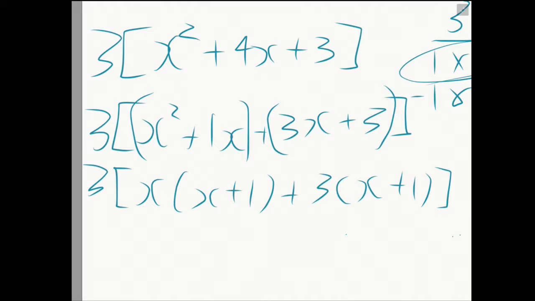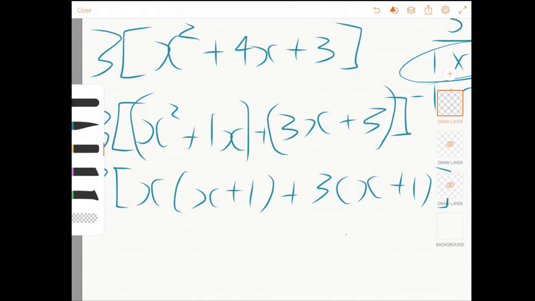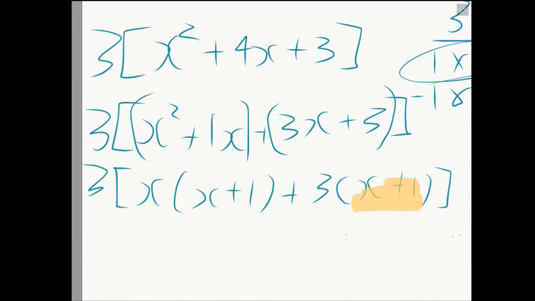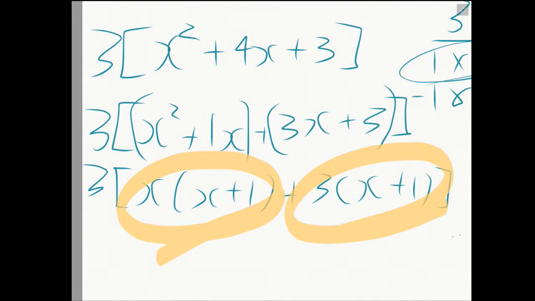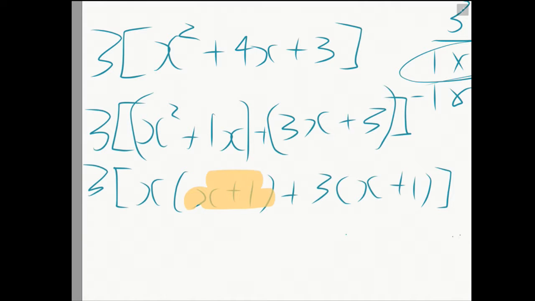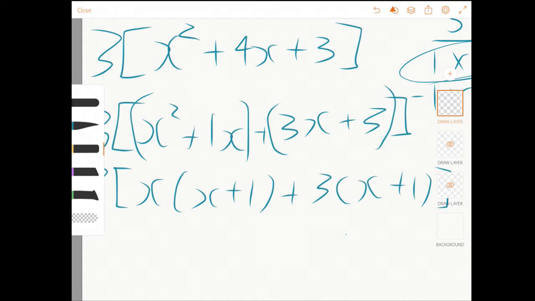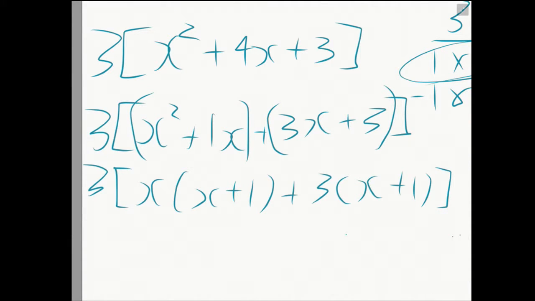Now, here's something that you need to realize. This is the same as this. And what's actually happening here is we're having x times this and 3 times the exact same thing. So you can actually say that this is the greatest common factor between this expression. Okay, so how we will rewrite this is, as always, rewrite the 3 there.